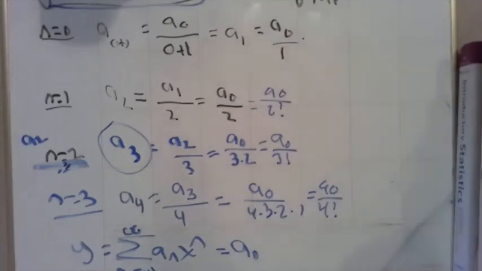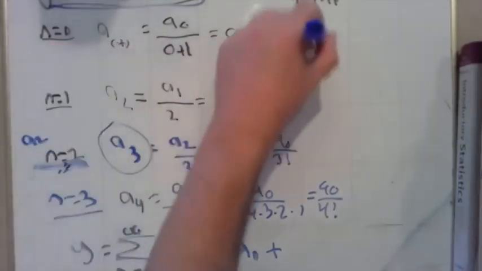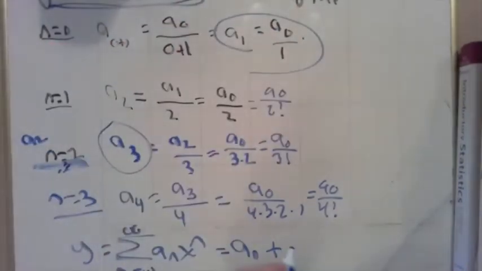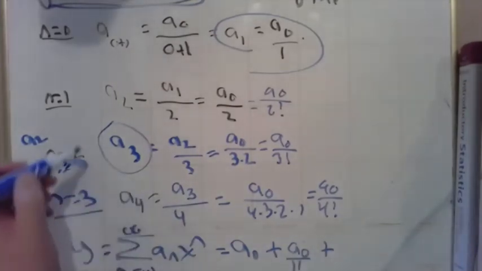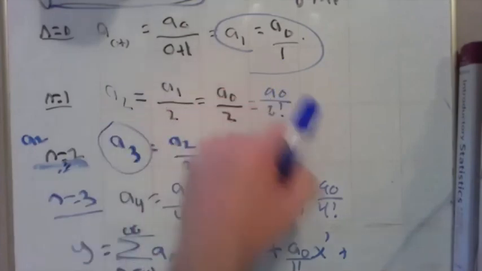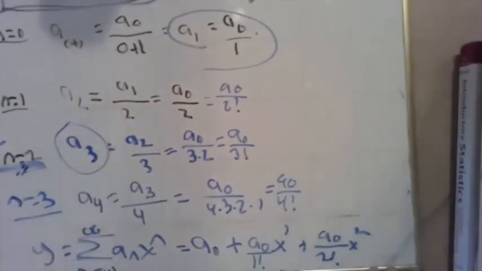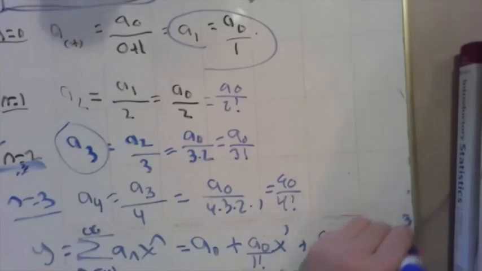X to the 0 was 1, plus A1, A0 over 1 factorial, times x. Oh, forgot my x. X to the first. Plus A2 was A0 over 2 factorial times x squared. A3 will be times x cubed.